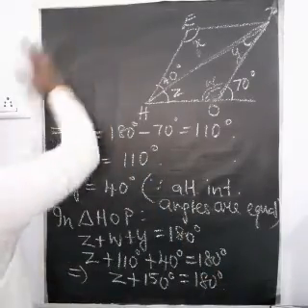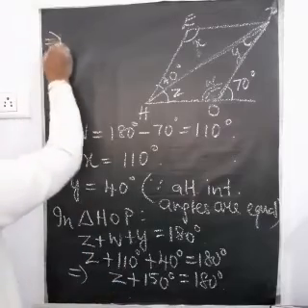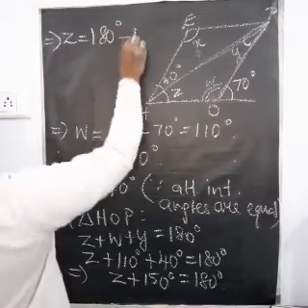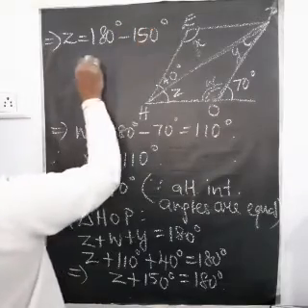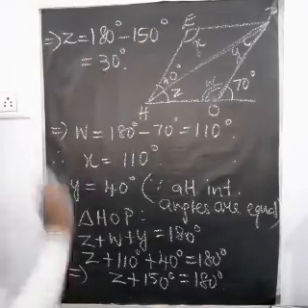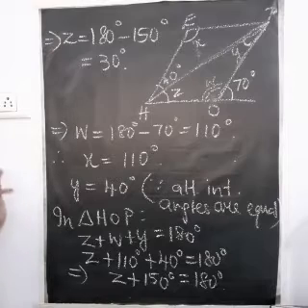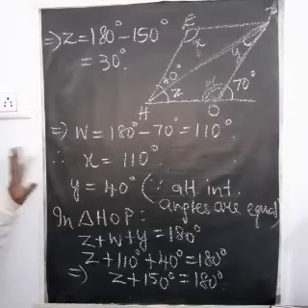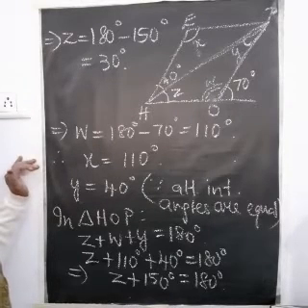So in that case, what is Z equal to? 180 minus 150, which is equal to 30 degrees. Did you understand? So in this sum, it's a very important sum. We have many properties which we have learnt in the lower classes coming into play also. So you should know how to do it.